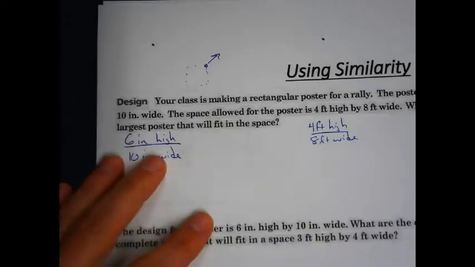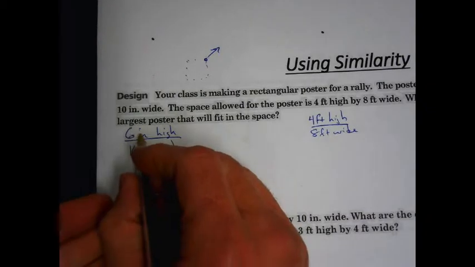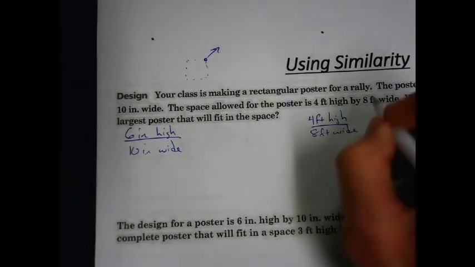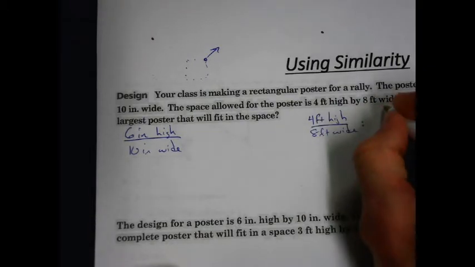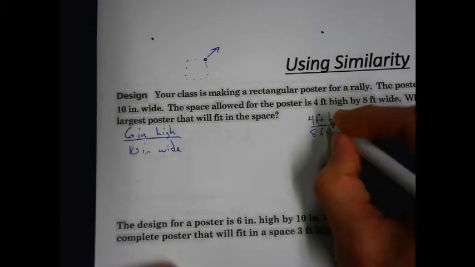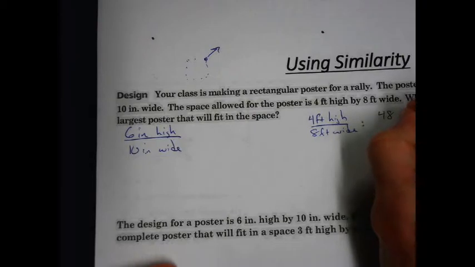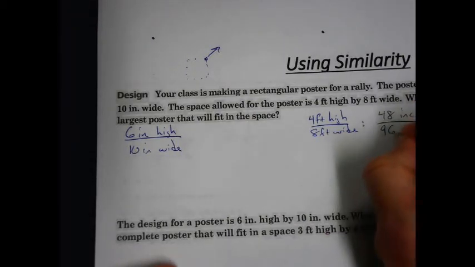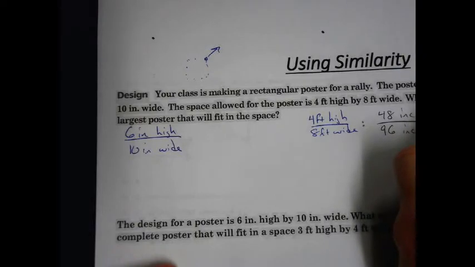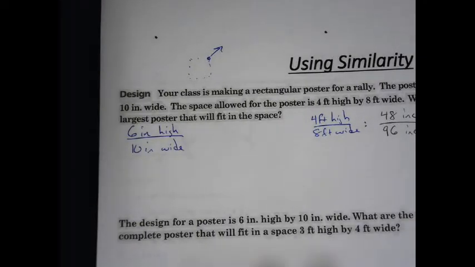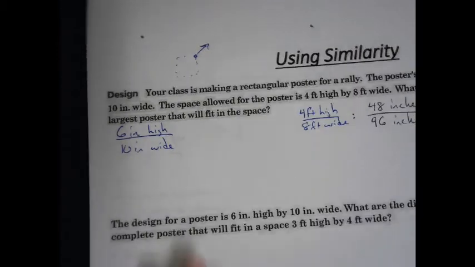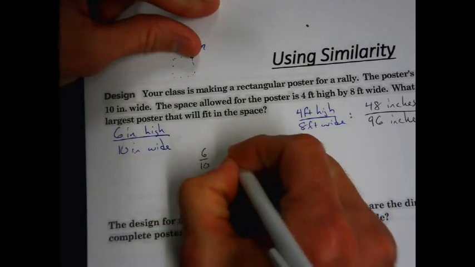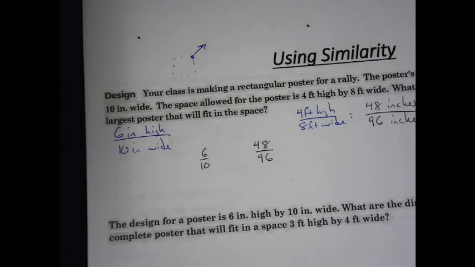So check this out. We're using inches here, we're using feet here, so let's go ahead and fix that. The space we need, not 4 feet, but 4 times 12, 48 inches, and not 8 feet, 8 times 12, 96 inches. Okay, so that's the space that we need. So how in the world can we go from 6 to 10 and fit it to 48 to 96?